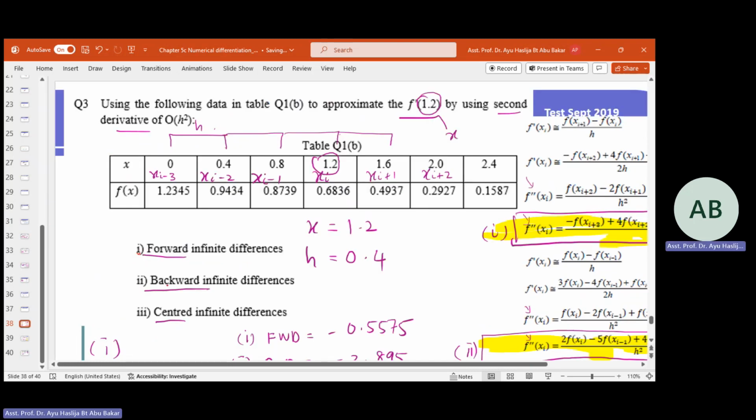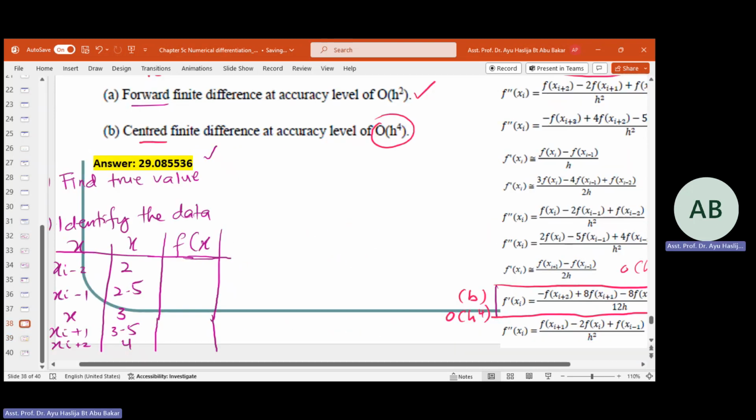x is 3, sorry. x is 3. This is your starting point. x equals 3. From there, xi minus 1 means minus the h. h just now is 0.5. Okay, then xi minus 2, minus again 0.5. It's something like this. This is your x.